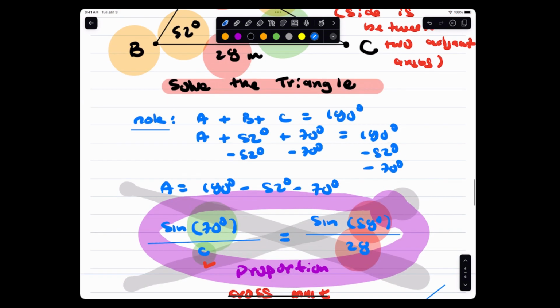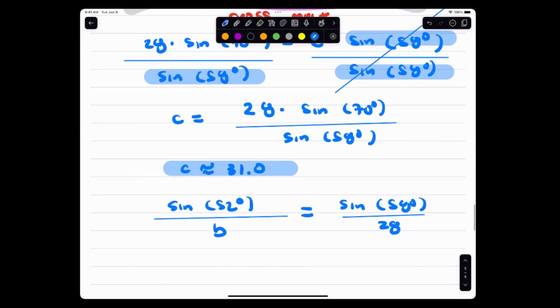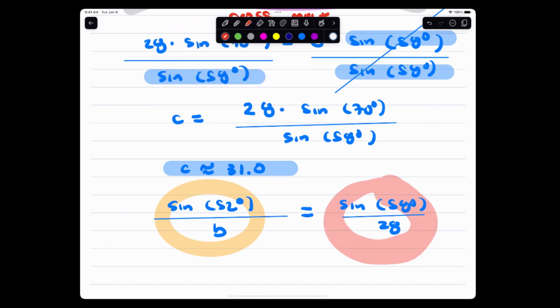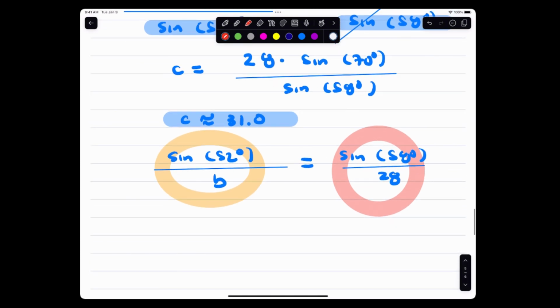So let's go back and say, what colors did we use? We used the orange ratio and the red ratio. Orange and red. And then you're going to cross multiply.